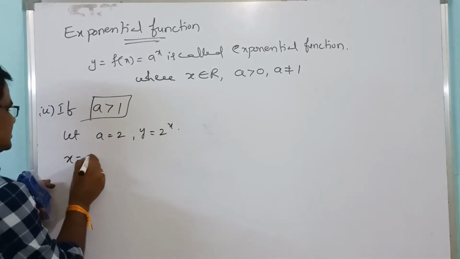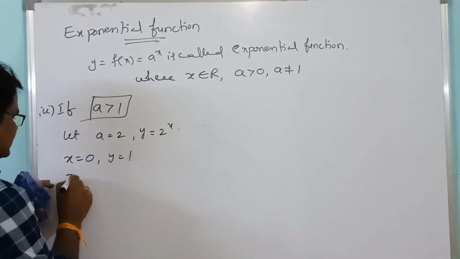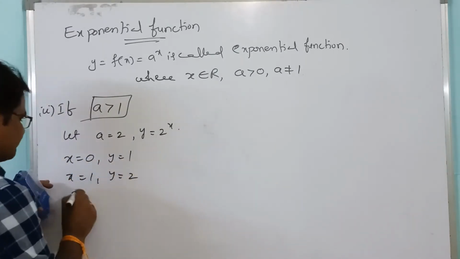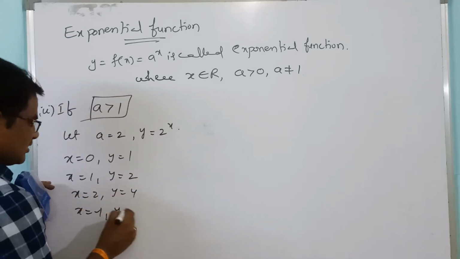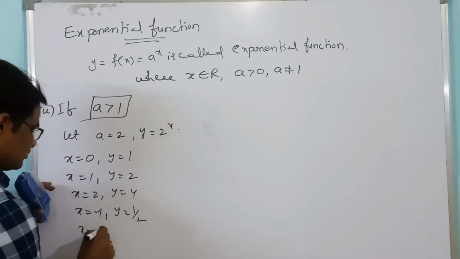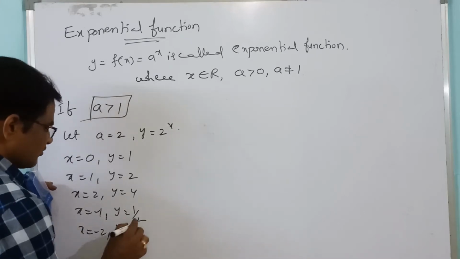Here you take x equal to 0, y equal to 1; x equal to 1, y equal to 2; x equal to 2, y equal to 4; x equal to minus 1, y equal to 1 by 2; x equal to minus 2, y equal to 1 by 4.